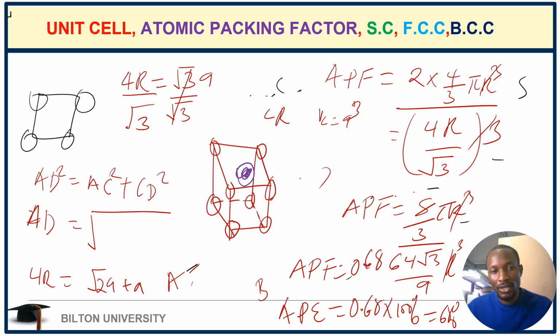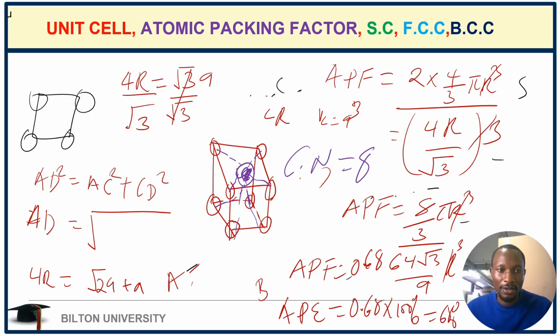This one is not on the top, it's inside. Because it's inside, it's neighbored by these 1, 2, 3, 4, 5, 6, 7, 8. So the coordination number of B.C.C is 8.